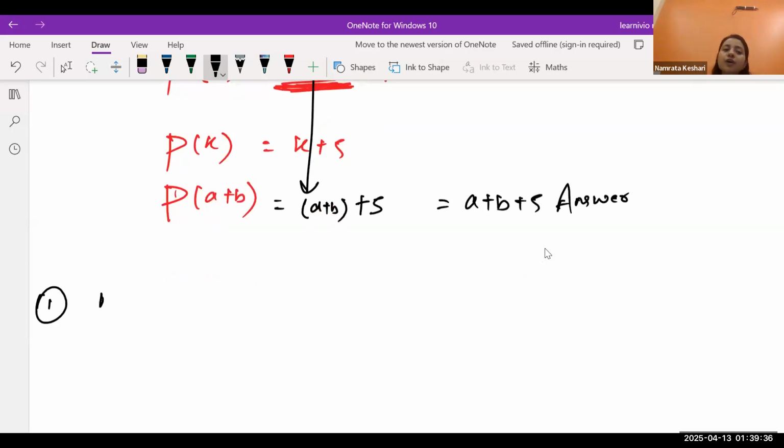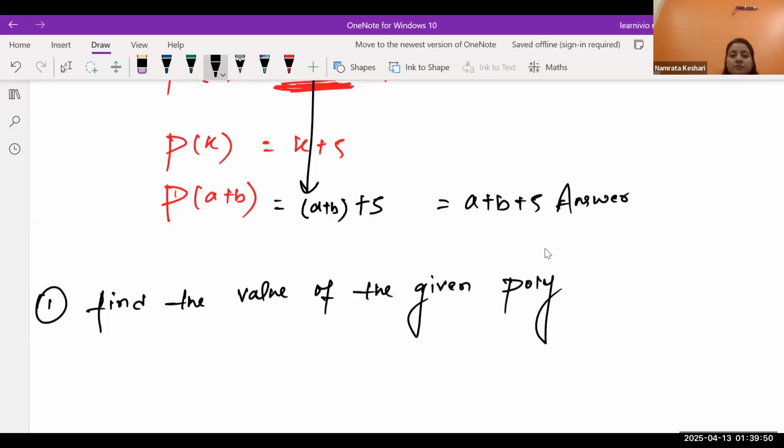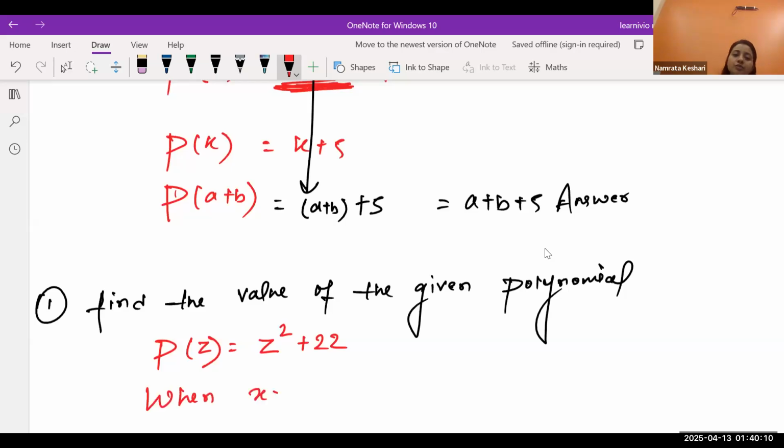One of the ways: find the value of the given polynomial when x equals 0, x equals 1, like this.